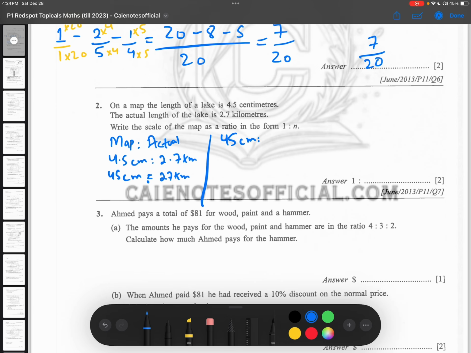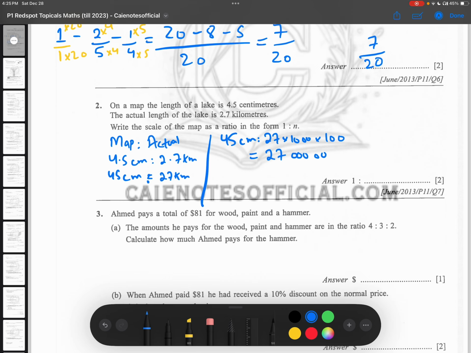To change kilometers into centimeters, if I multiply 27 with 1000, this gets changed into meters, and in 1 meter we have 100 centimeters, so I will multiply with 100 more. Now what I will get is 27000000.